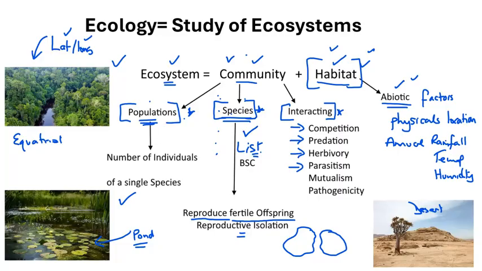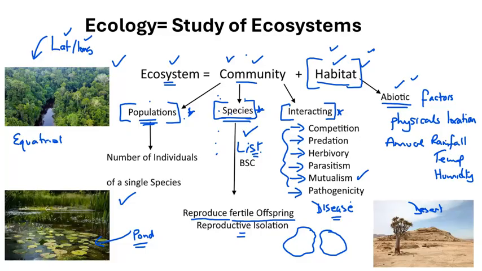So our community is made up of species, populations of those species, and then most importantly, ecologists discuss how those species and their populations interact with each other, how they compete with each other for resources, the idea of predation, predator and prey, herbivory, those are the animals which eat plants, parasitism, that's when an organism lives on another organism and benefits from that relationship, but the host does not benefit.